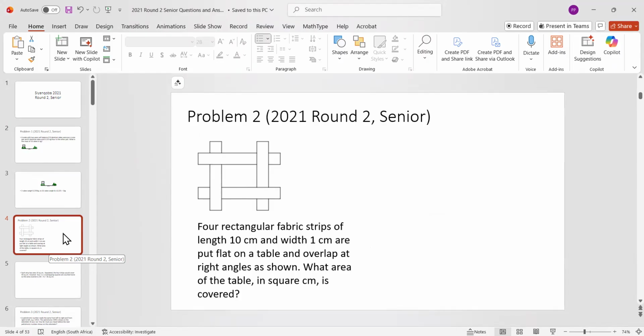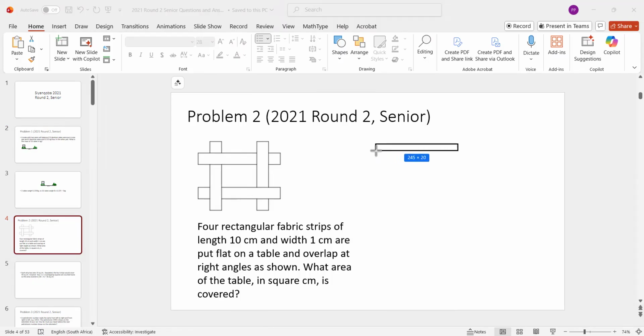The second problem says the 4 rectangular fabric strips of length 10 centimeters and 1 centimeter are put flat on a table. All right, you can see how they are laid. Each one is 10 centimeters by 1 centimeter. So if you have a single one, its dimensions are 10 by 1.